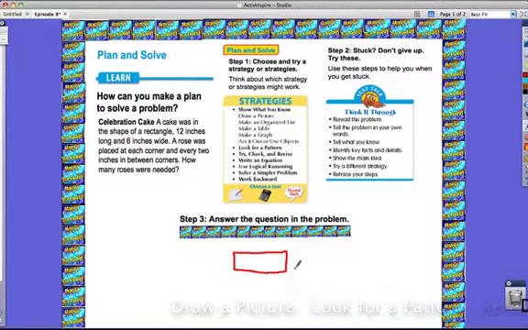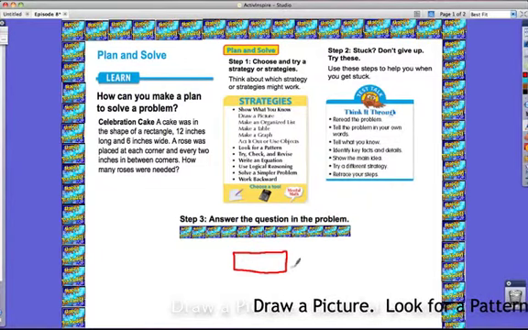But then it says it was 12 inches long. Now the long part is here, and my cake looks like it's only 1 inch long, but they wanted it to be 12 inches long. How can I go about this?